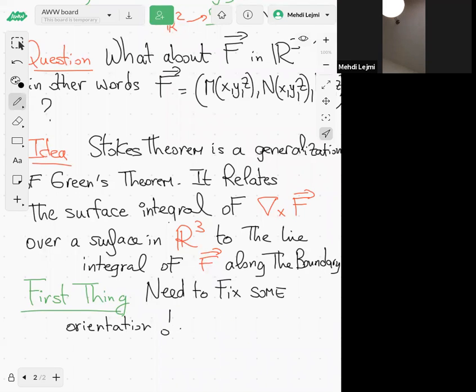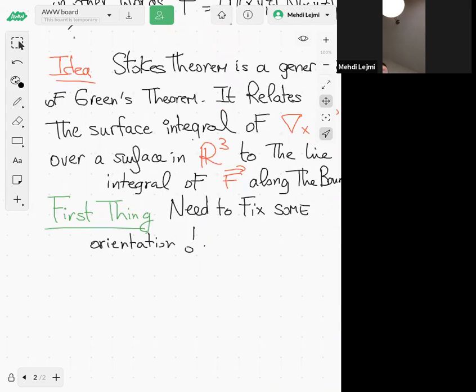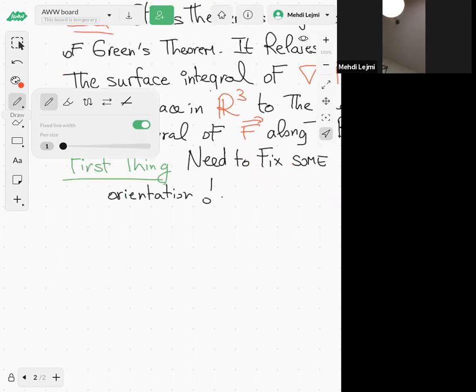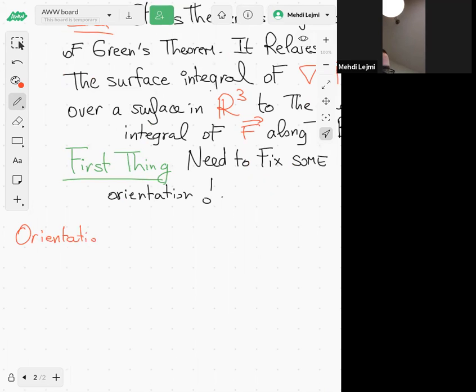So how does this orientation work in Stokes' theorem? Because now we are in space, in R3. Here's how it works. First we start with this surface S, some surface in space, in R3.